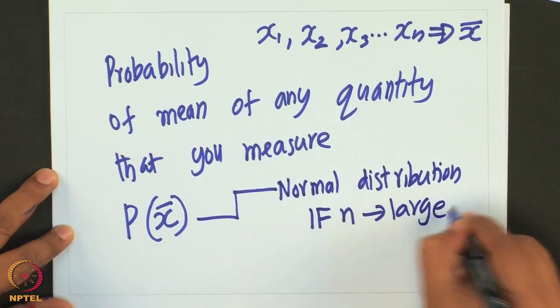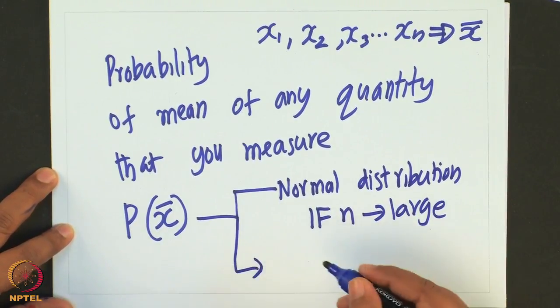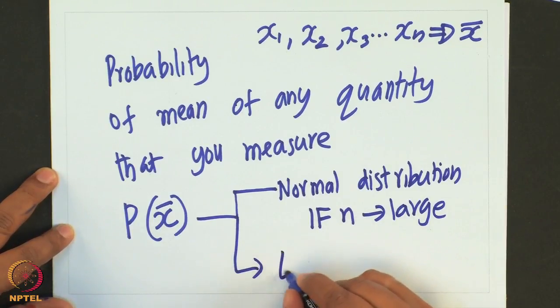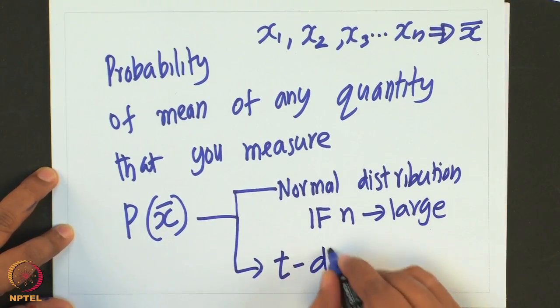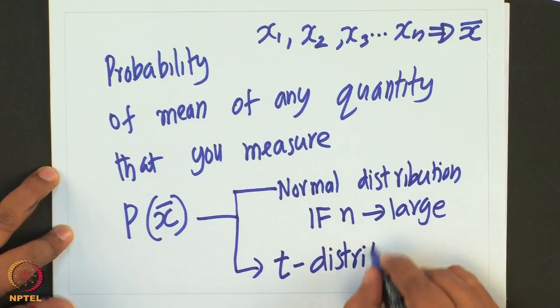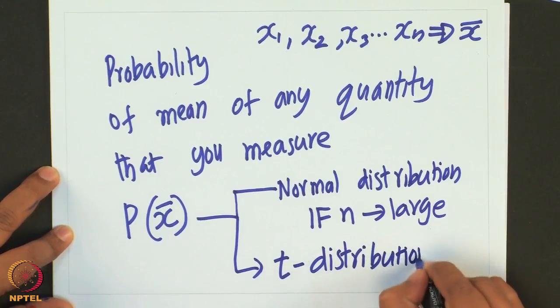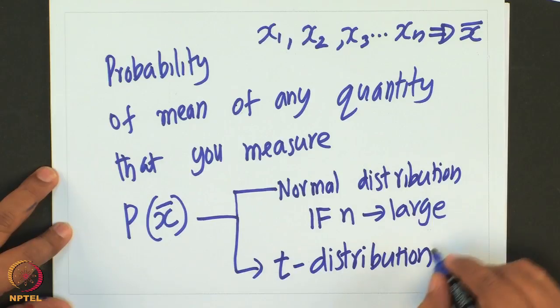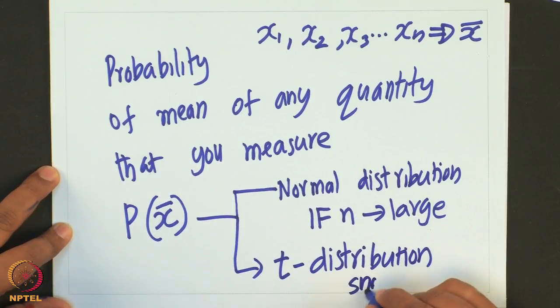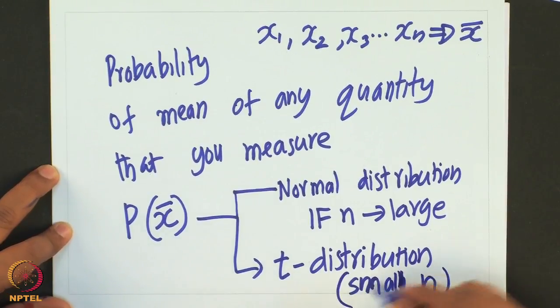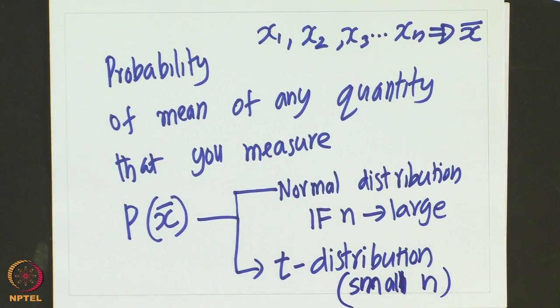If n is not very large, you will get something called a t distribution, which looks like a normal distribution, but of course is slightly different. For small n, you would get a t distribution. If large n, you would get a normal distribution.